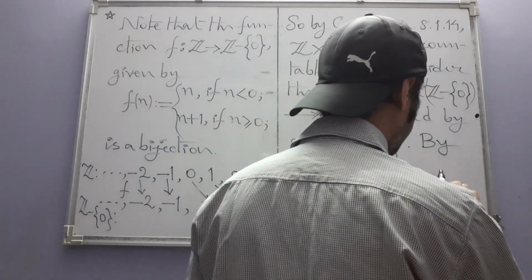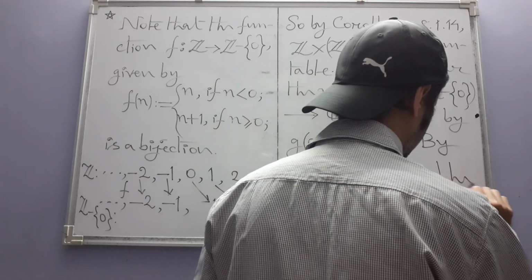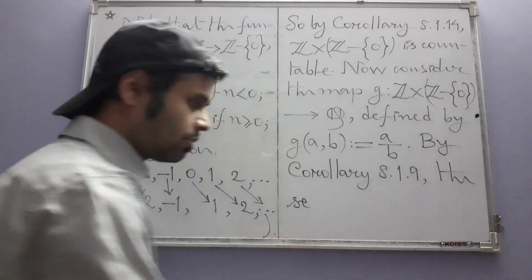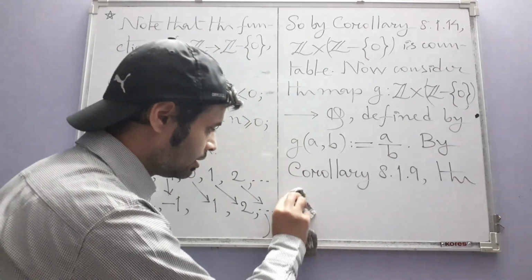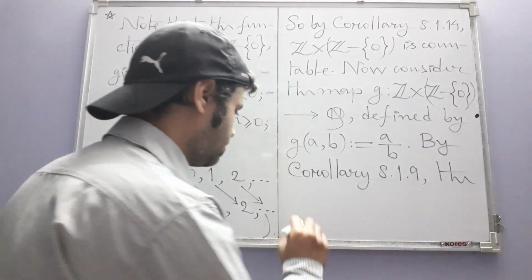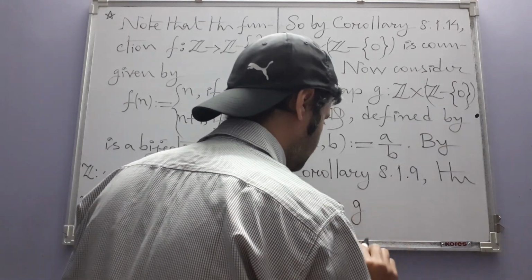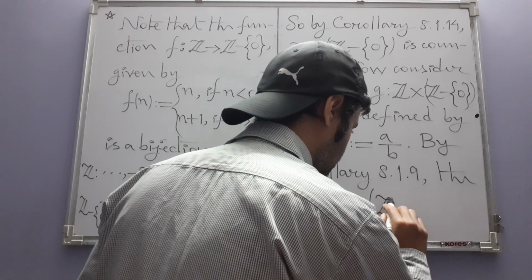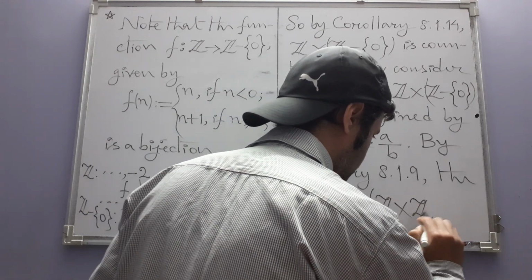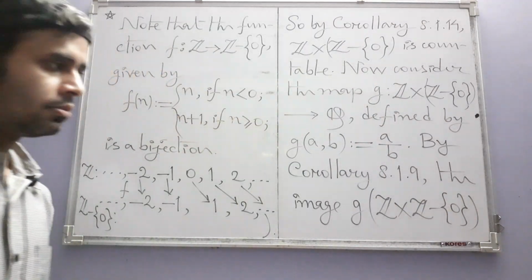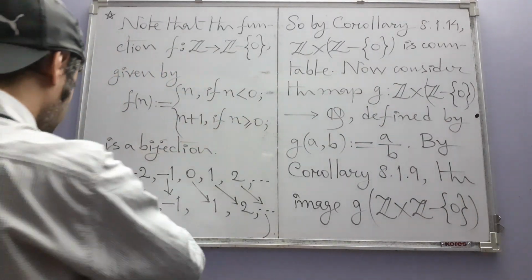By corollary 8.19, the set, or let me write what it actually is, the image is at most countable.